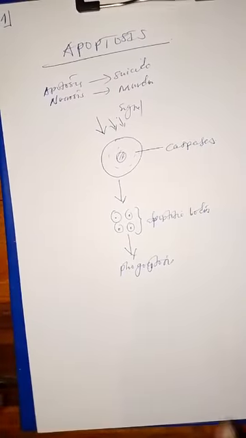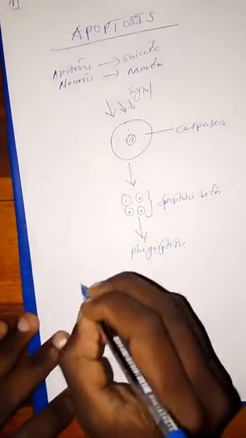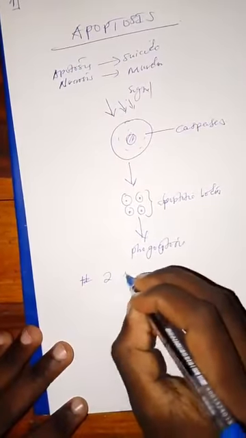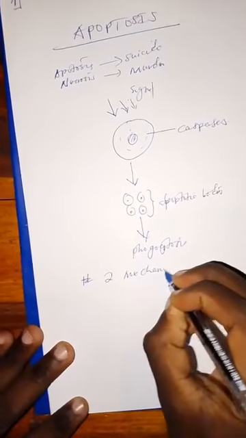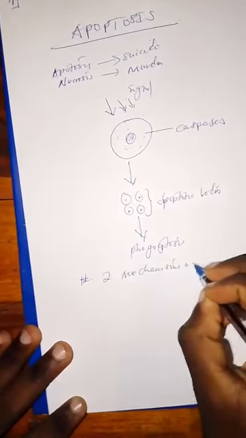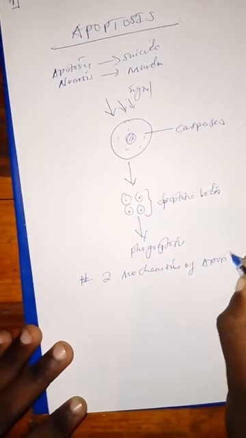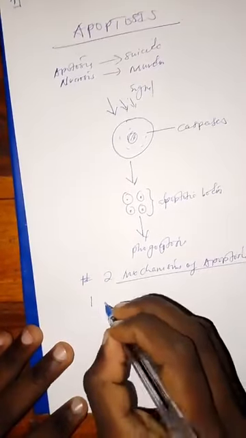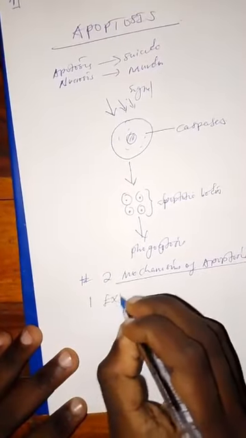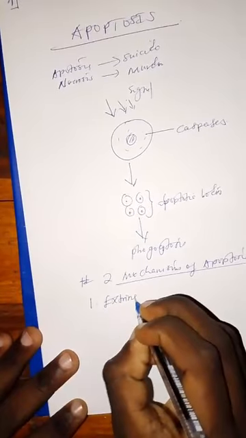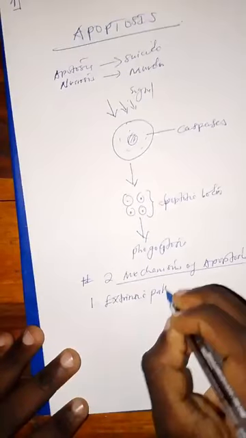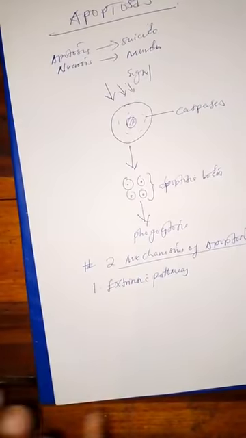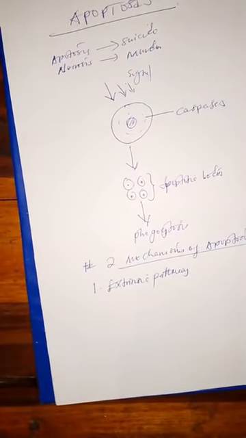So we have two mechanisms of apoptosis. One is the extrinsic pathway, and the extrinsic pathway has two parts: the initiation phase and the execution phase.